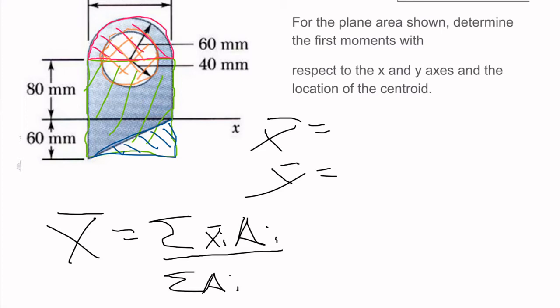That'll give us the location along our x-axis of the centroid. So the first thing we're going to want to do is calculate the areas, since we need to add those up.